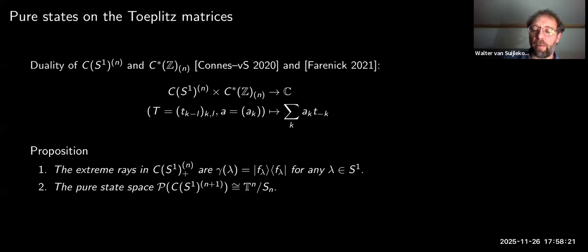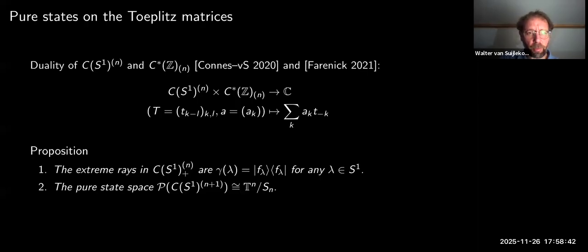And this means I have n points on the circle up to permutation. So that's this quotient up there. That gives me the information that I would like. Somehow this is supposed to reflect the structure of the circle. These endpoints are sort of reflecting what I started with, namely the circle.